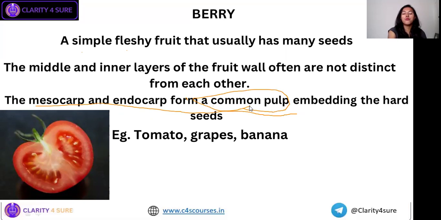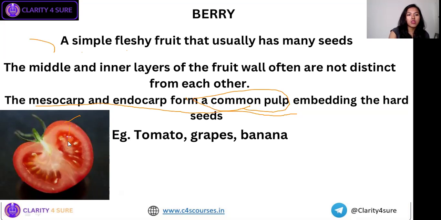Like in case of drupe, we have seen the three layers are very distinct, isn't it? But in case of berry, you will see that mesocarp and endocarp are not distinct. Like here you see, this is your pericarp, right? The tomato skin, exocarp, sorry, not pericarp, exocarp. The whole thing is pericarp. So the skin of the tomato is the exocarp.